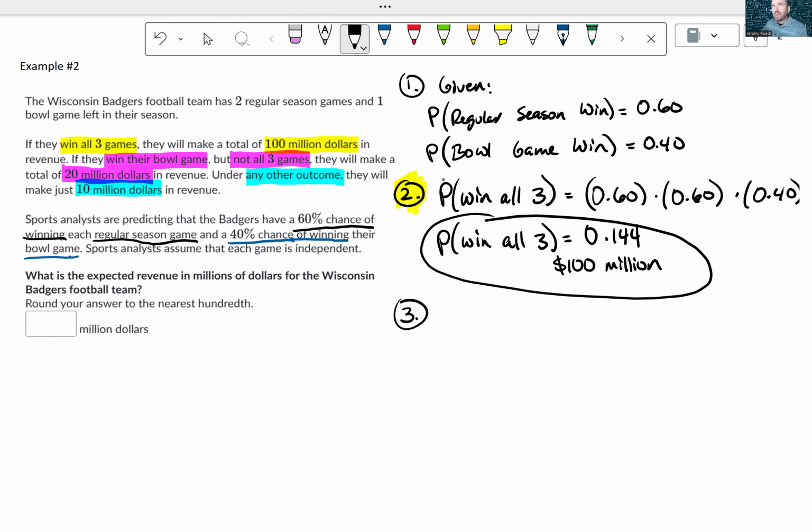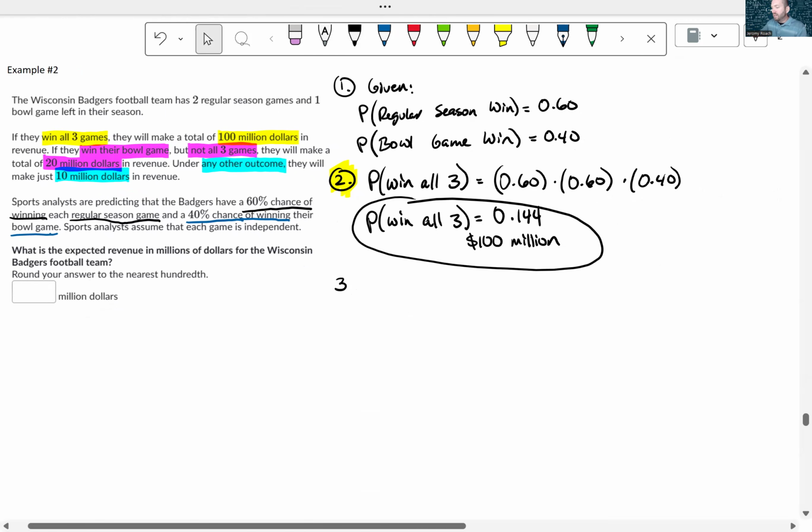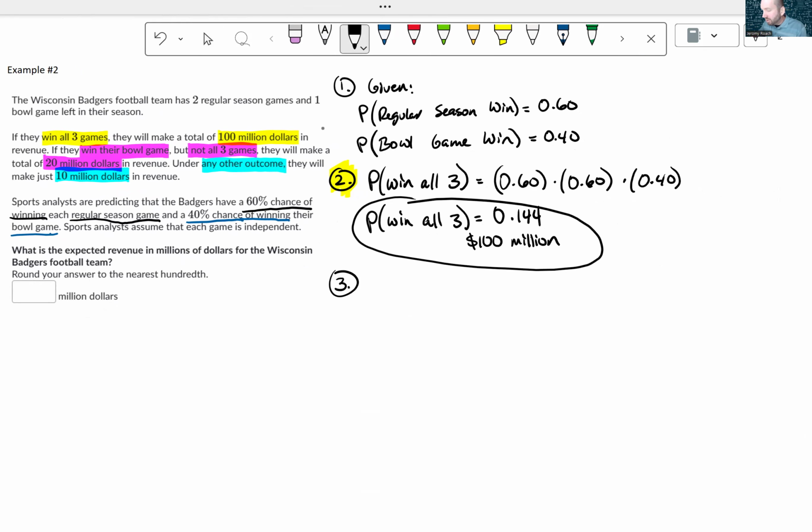Next, this is the more complex case, where they win the bowl game, but they don't win all three. And here we have three different scenarios of how this could happen. So let me write out what we're finding here. So we're going to calculate the probability of winning the bowl game, but losing.